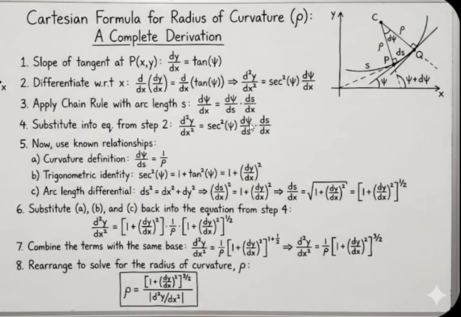Then if you substitute back into this equation, we have d square y by dx square is equal to sec square psi into d psi by ds into ds by dx. We already know that the curvature is always at a point here.